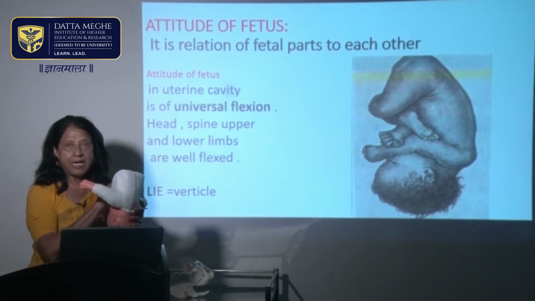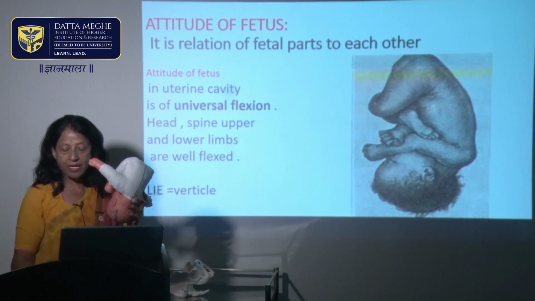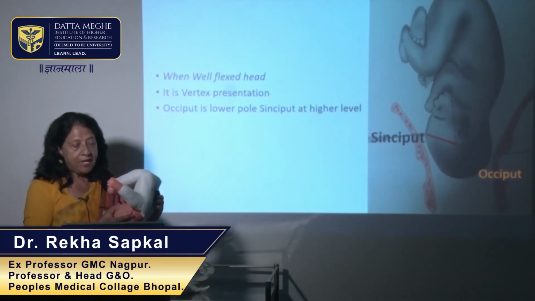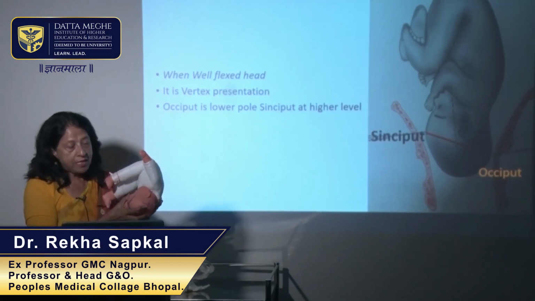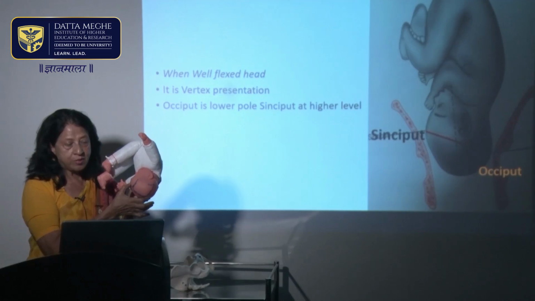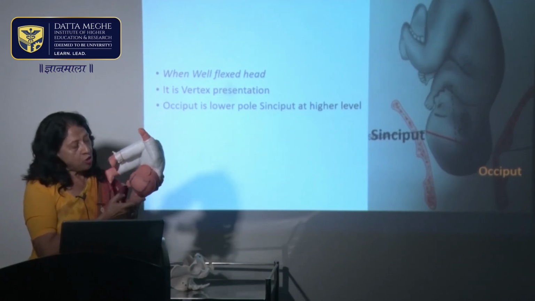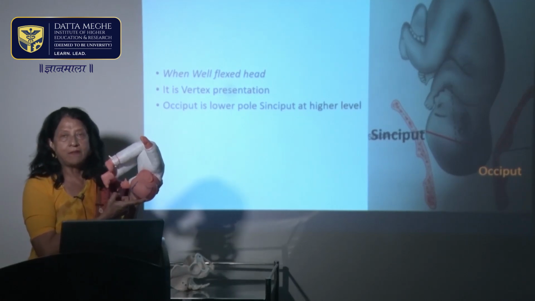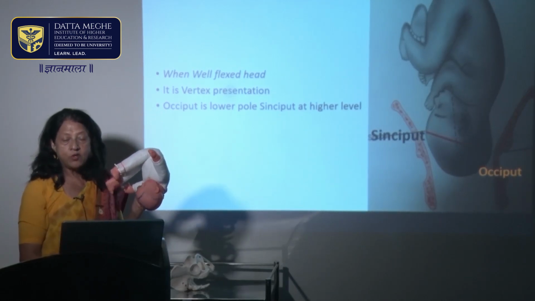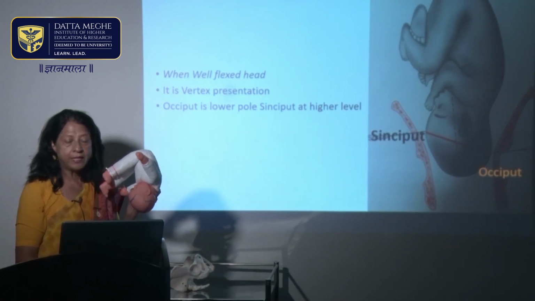Thus, in vertical lie the head or the cephalic pole will be lower down. When the head is well flexed like this, we understand the occiput and the sinciput are the two poles. In vertex presentation, occiput is at a lower level when it is well flexed and sinciput is relatively at a higher level. So, here is the sinciput and here is the occiput. This is the sinciput pole and this is occiput.